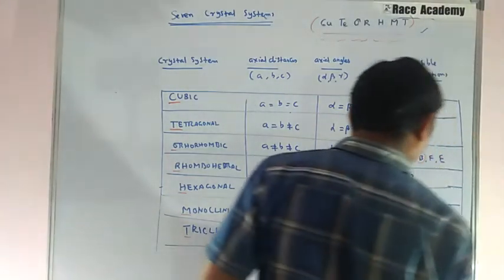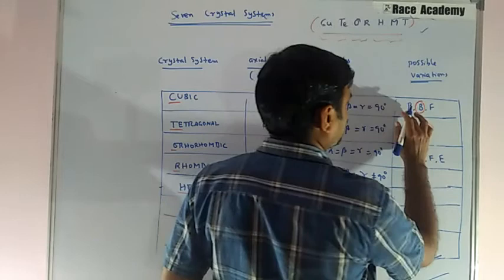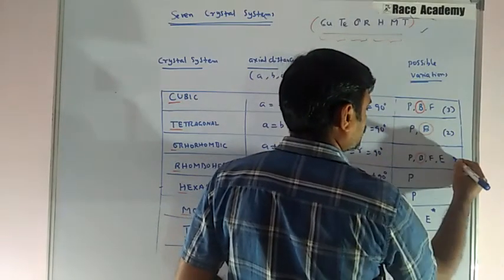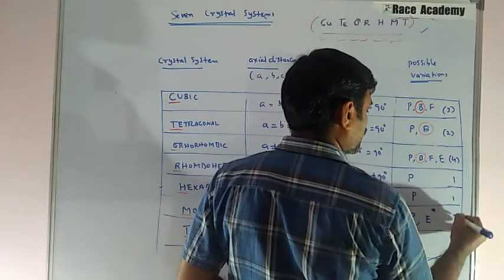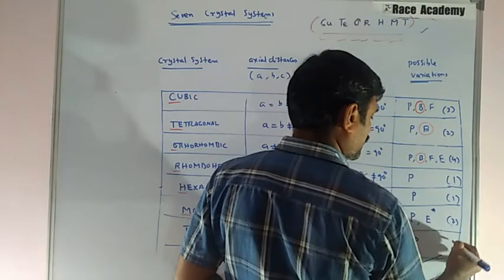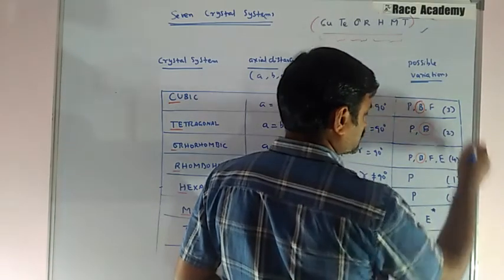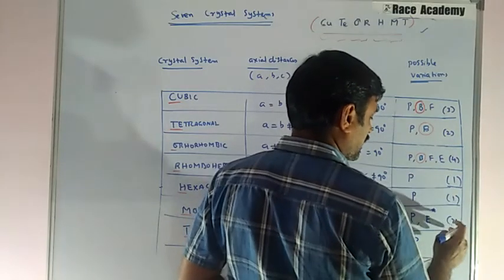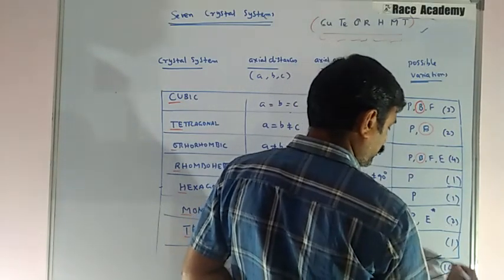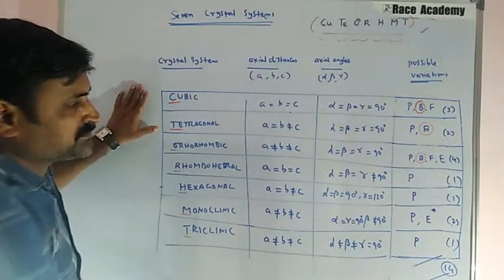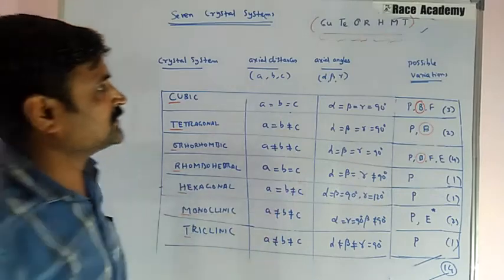Here 3 are there, here 2, here 4, here 1, here 1, here 1. Here 2 are there, here 1. Total, 5 plus 4 is 9, 9 plus 2 is 11, 11 plus 3 is 14. These are the 14 Bravais lattices arranged in the 7 crystal systems given in this table.